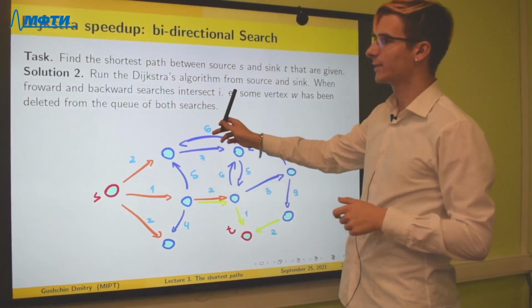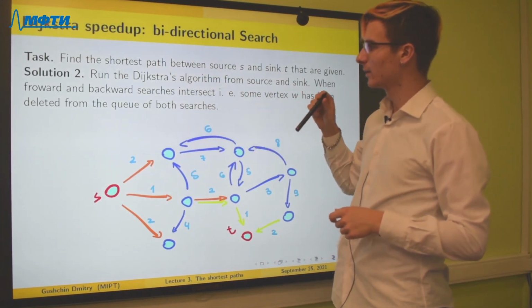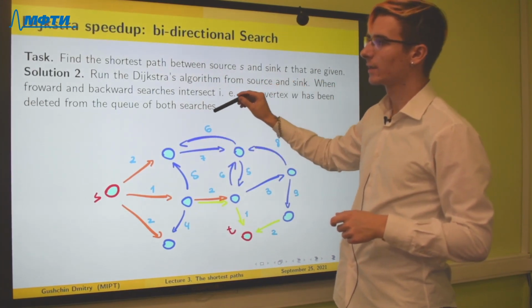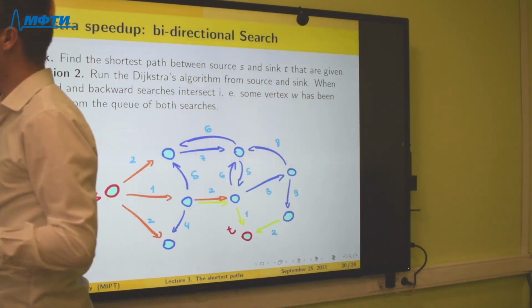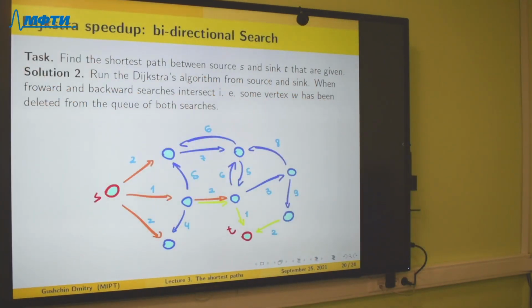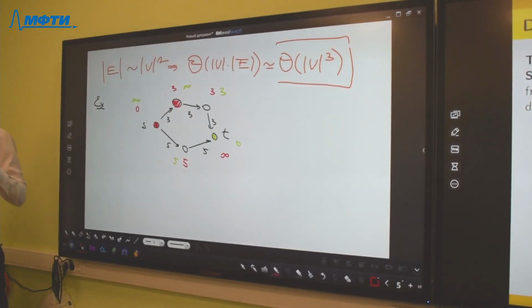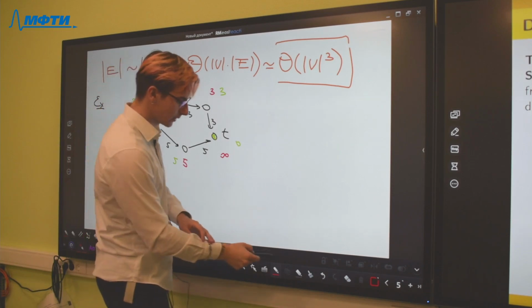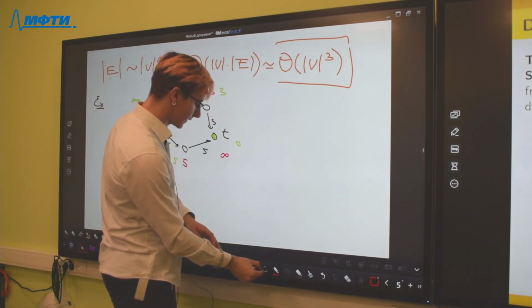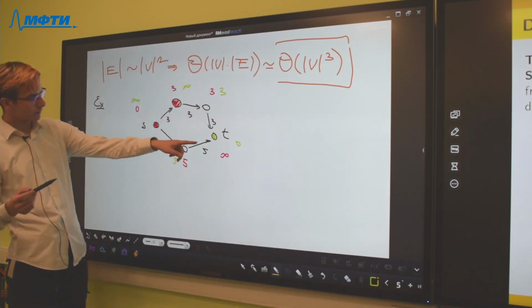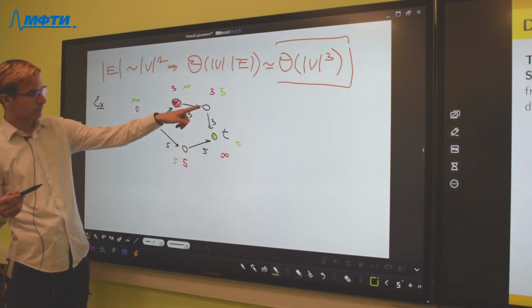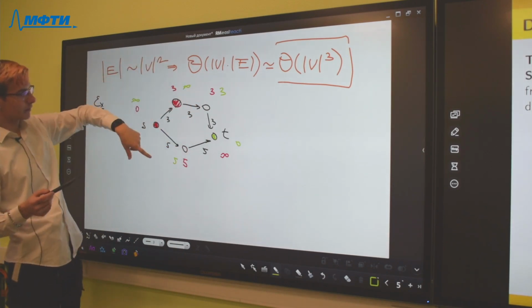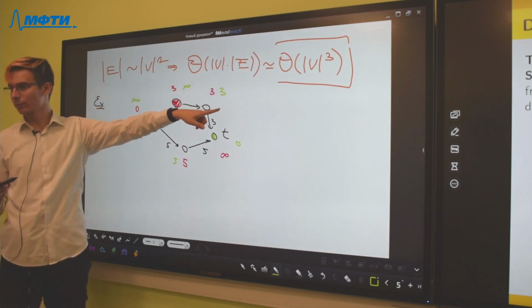But if you see here, when searches intersect, you need to understand it like this: when we extract some vertices from both of the algorithm's queues, then we execute our algorithm and end it. Then we see that the minimal number equals 3.